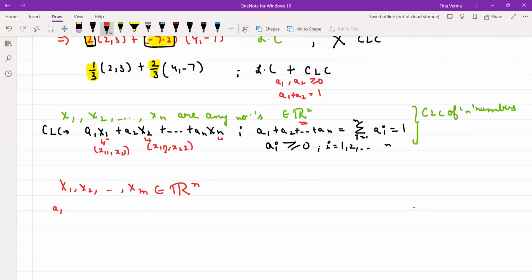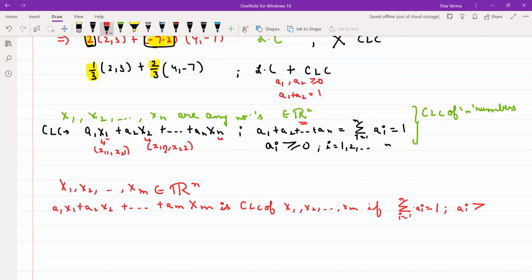Then A1 x1 plus A2 x2 plus ... AM xm is the CLC of x1, x2, ..., xm if the sum of the AIs is 1 and all the AIs are greater than or equal to 0.